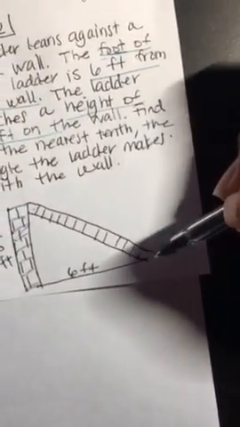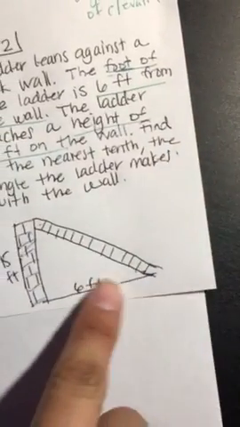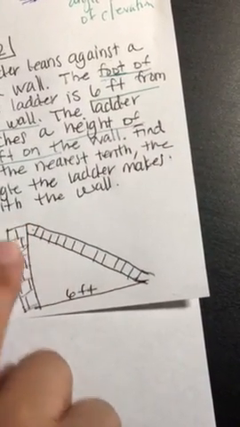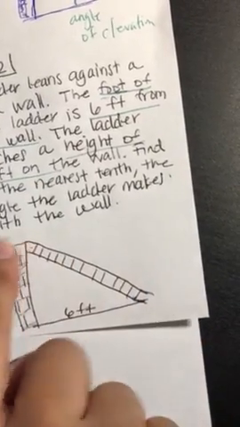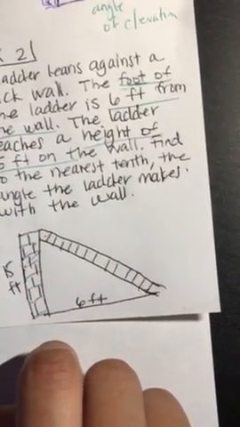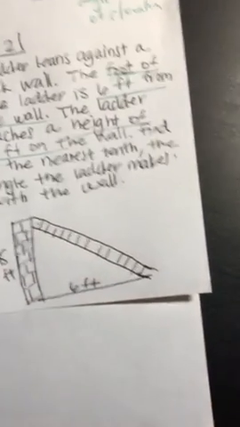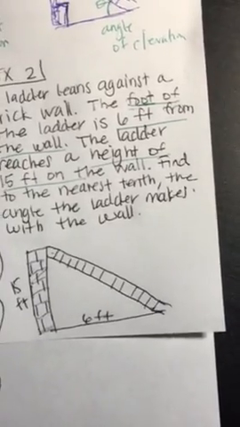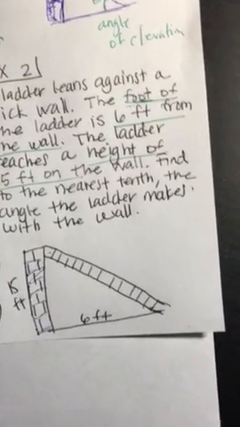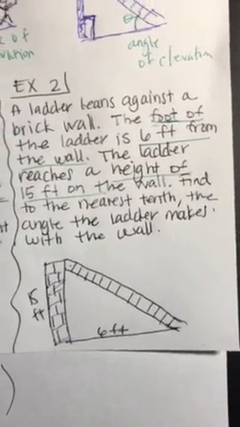Think about it, the height of the ladder, the way it is right now, is 15 feet. So from here to here is 15 feet. A little confusing, but I hope the examples that I give you aren't going to be as confusing. Again, send me messages if you guys are confused with any of these.